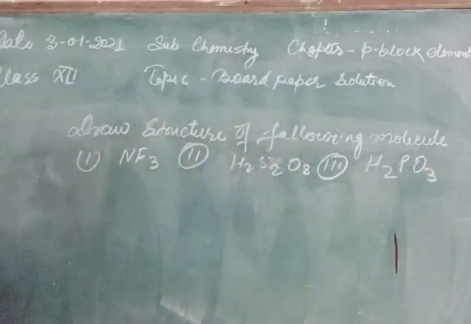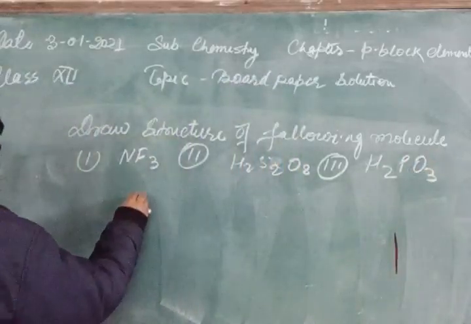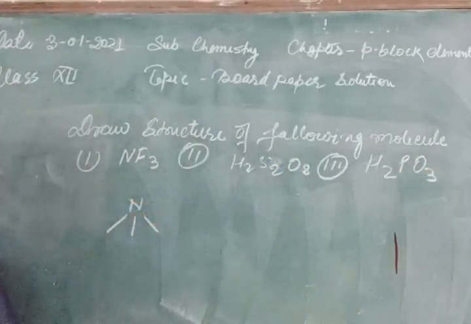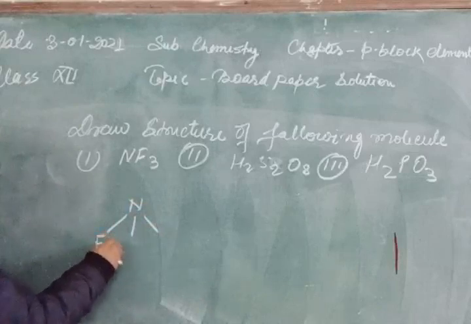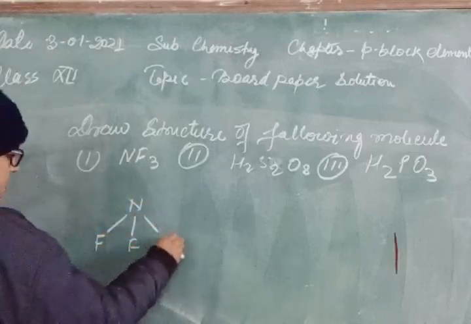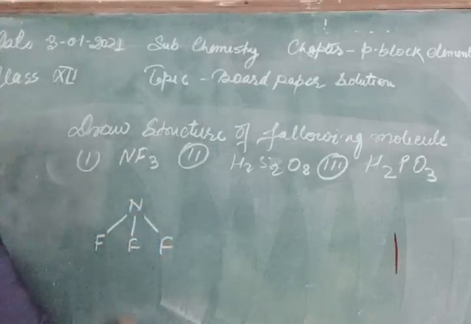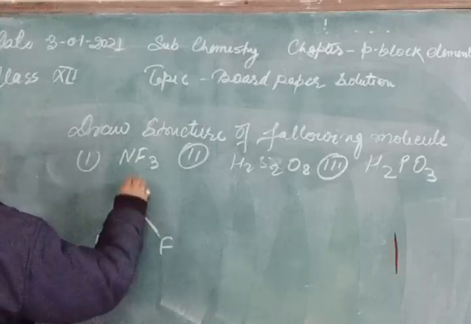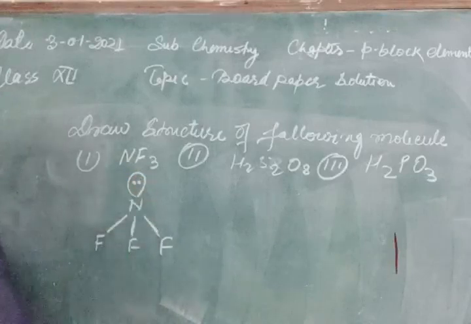Further you can see, as you know, nitrogen requires 3 electrons for completion of octet. So 3 electrons are shared with the 3 fluorines and 1 will be a lone pair. The structure is like ammonia.